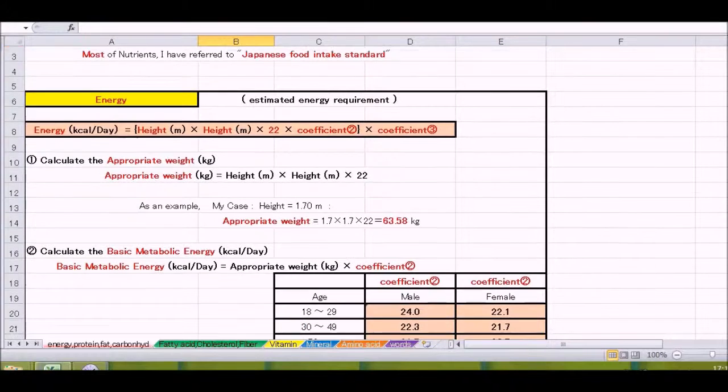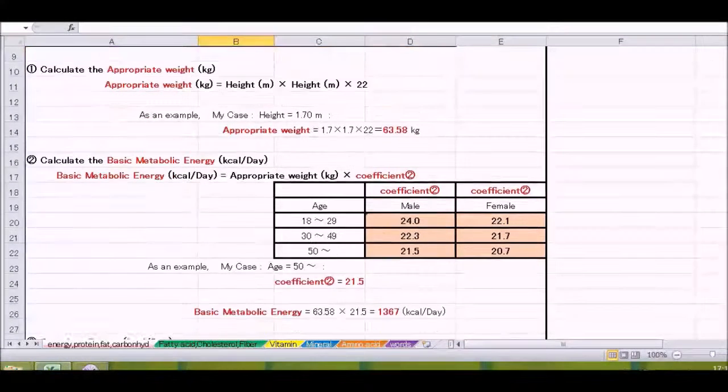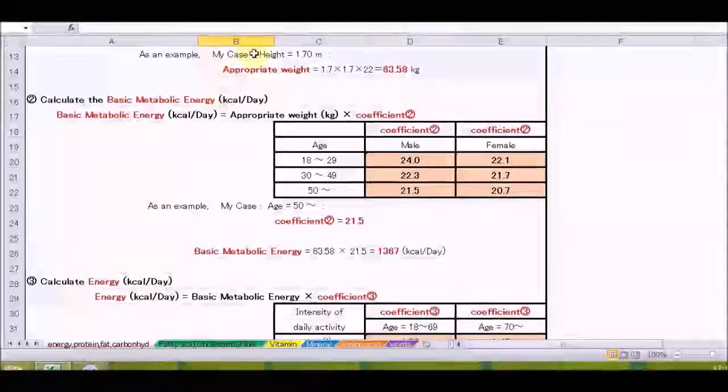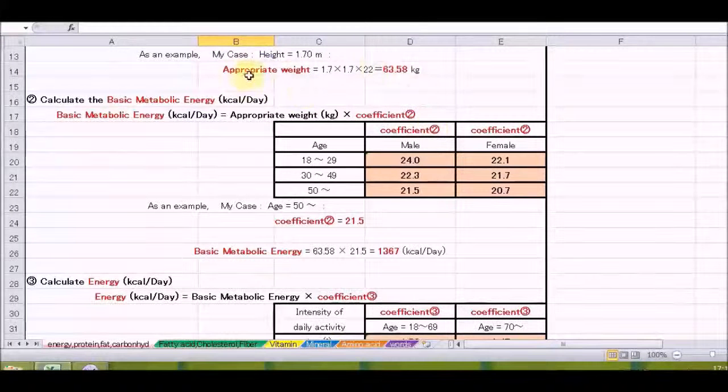And then, by using appropriate weight, calculate the basic metabolic energy. Basic metabolic energy can be calculated by this equation. Coefficient 2 is described by this table: age, male, female.